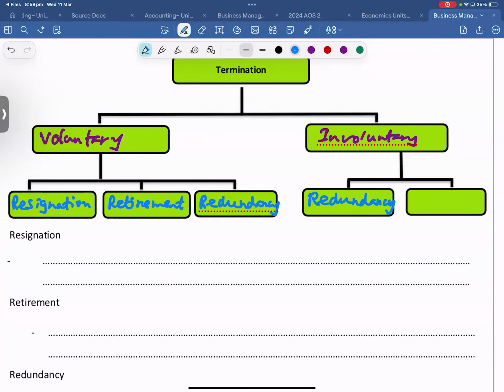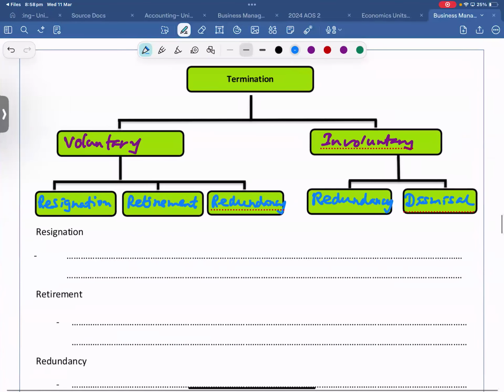To make the jobs redundant, they'll do restructure. And then the other one is dismissal. This is what we call fire or sack. I wrote down dismissal and unfair dismissal. Yes, that we are going to get to. Sometimes dismissal can be unfair.